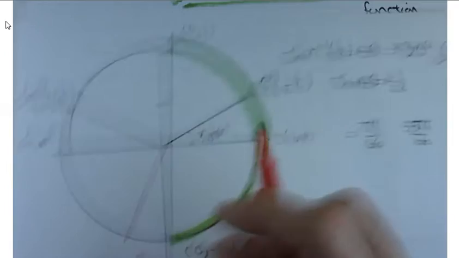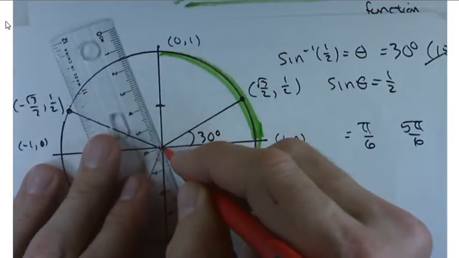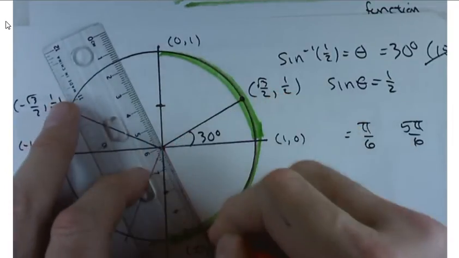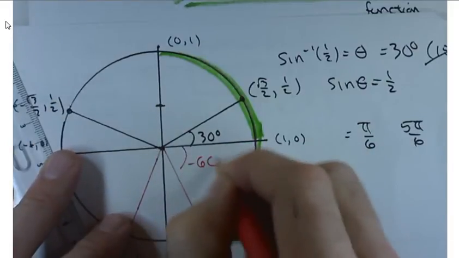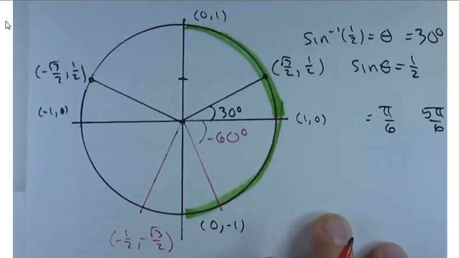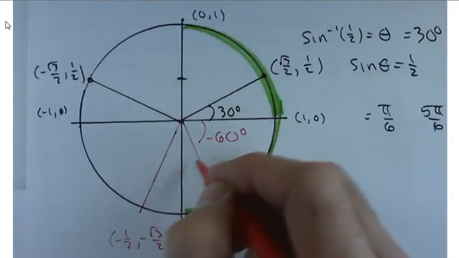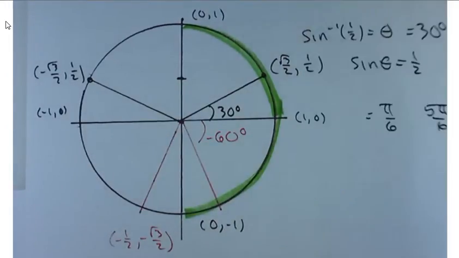So that's telling me this angle down here, -60, -60 or +300. I think we went through this before.